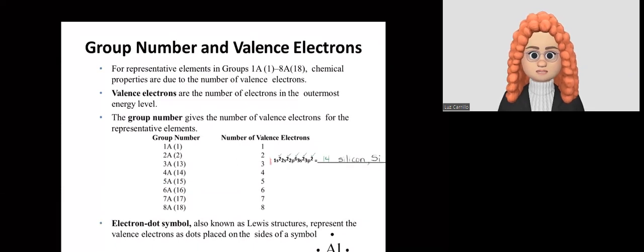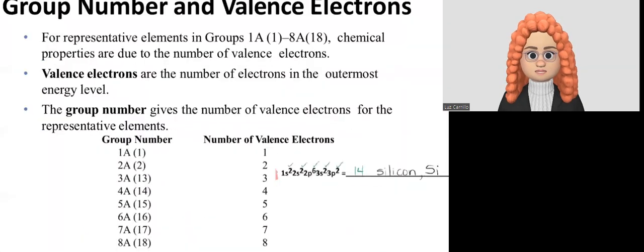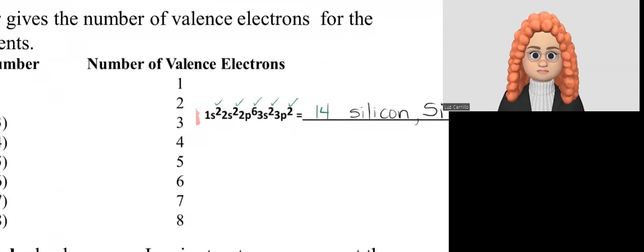We learned that silicon specifically has 14 electrons total. When it comes to the valence electrons for silicon, there are two ways to determine it. One way is to look at the electron configuration and identify the electrons that are in the outermost shell. The outermost shell is the largest digit before the orbitals in our electron configuration.